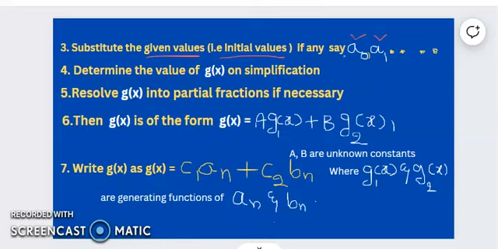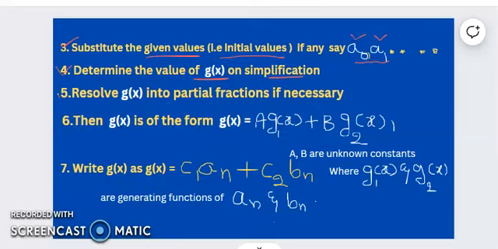If any value of this form is given, then we substitute it in step 2. Now the fourth step is to determine the value of g(x) on simplification.